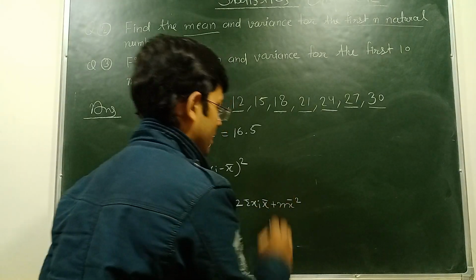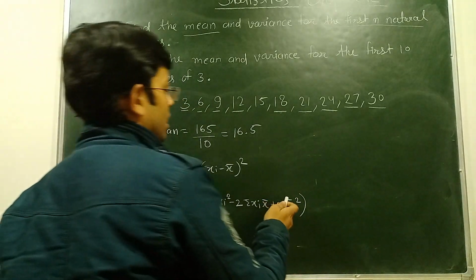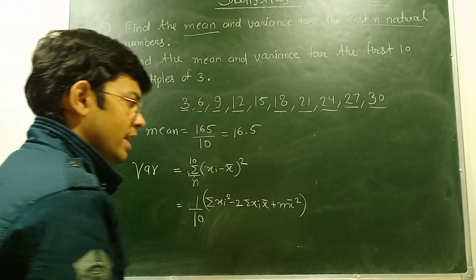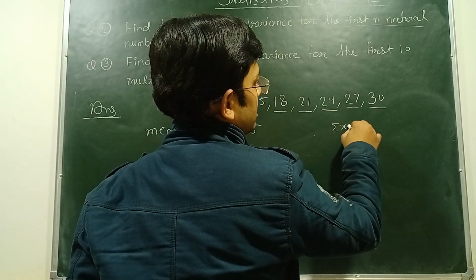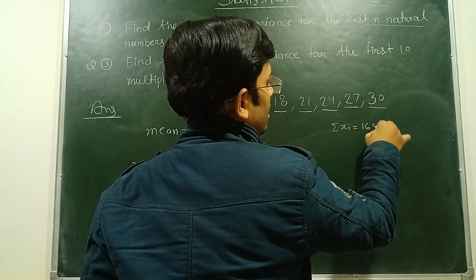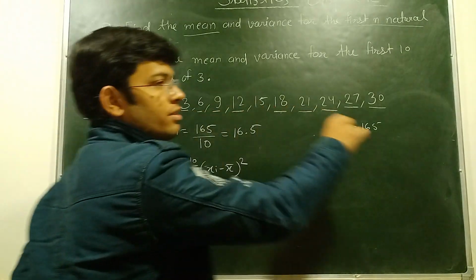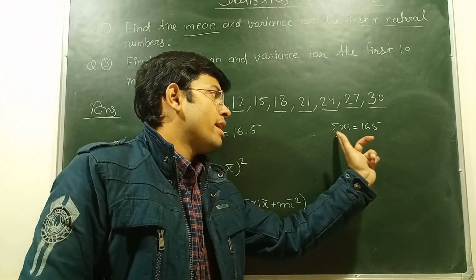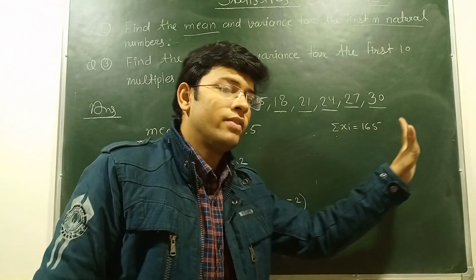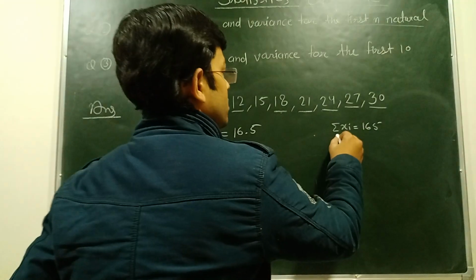Because we know that x bar is 16.5, sigma xi is 165. Sigma xi is the total of the values given in the question. So sigma xi is equal to 165, and now we want to find sigma xi square.